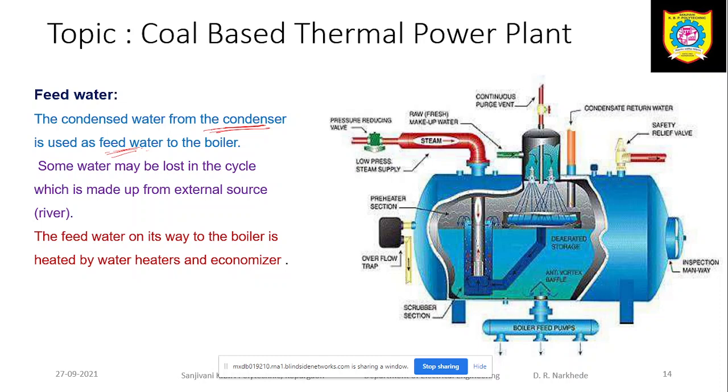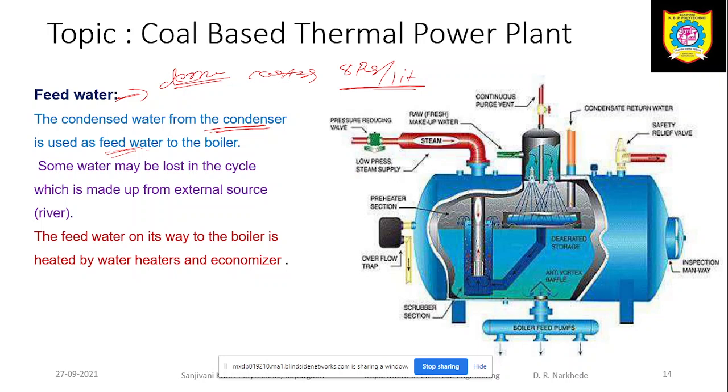Basically what happened, this is very important, the feed water is a demineralized water, okay. It is a demineralized water, and the cost for this demineralization is maybe up to 8 rupees per liter, okay. So whatever the water which you are going to give inside the thermal power plant boiler, that is a demineralized water, we are going to remove all the minerals from the water, so that this is a pure chemistry water. This is simply H2O.